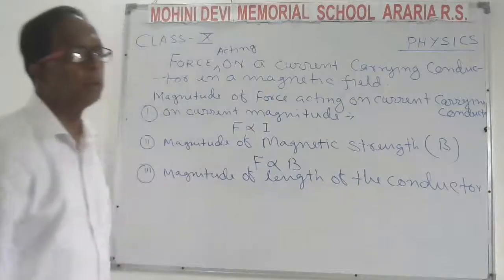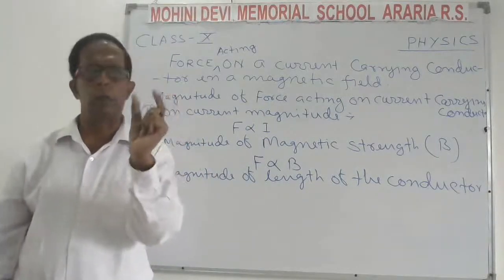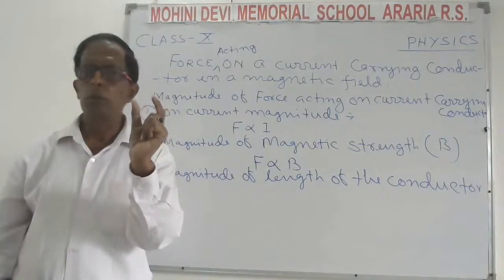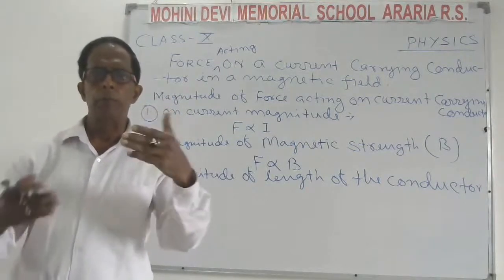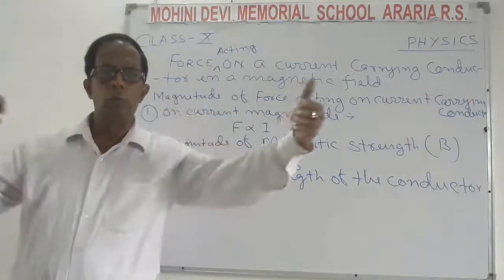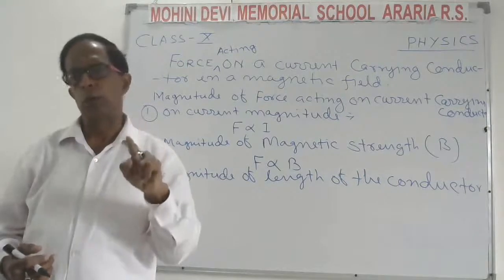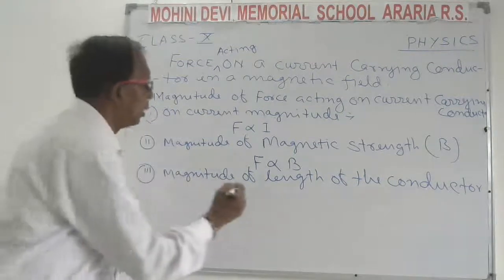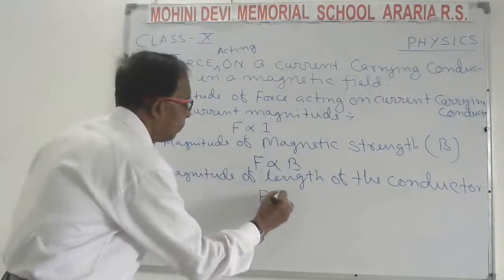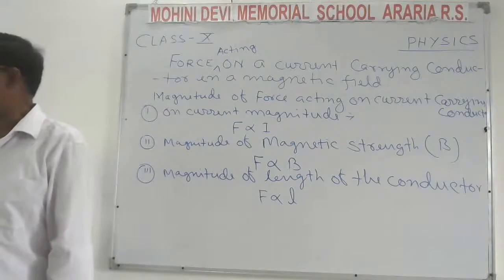It means if a simple 1 inch wire is in the magnetic field, then the force is less, definitely. And when the wire is 1 meter, the force acting on that wire is greater. So F is directly proportional to the L of the conductor.